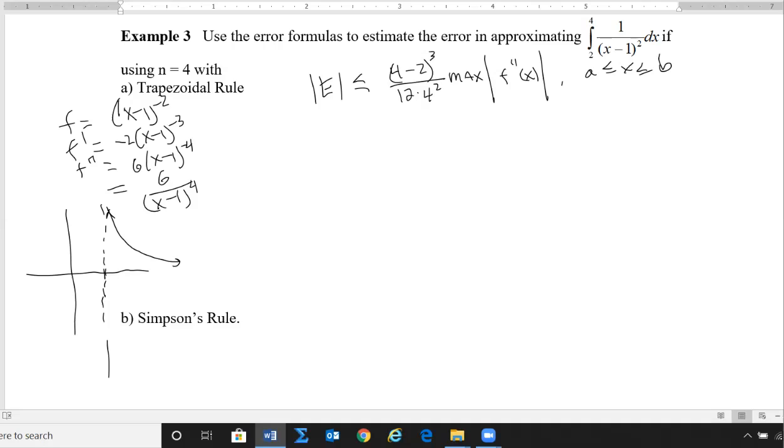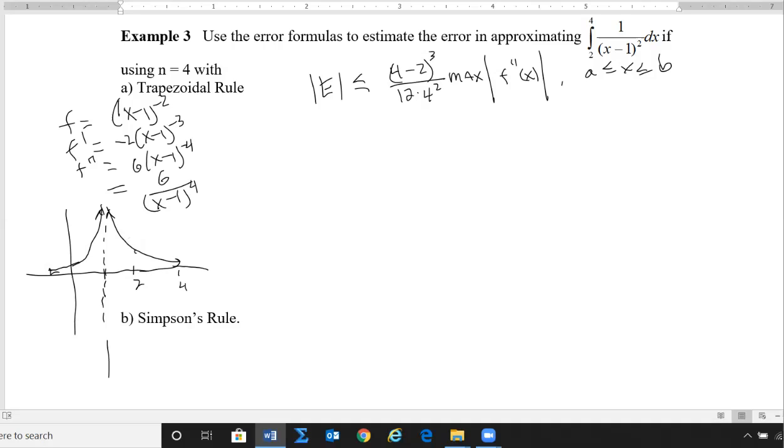And over on this side, it's doing something like this. So the point is, between 2 and 4, which is over here, it's pretty clear that your maximum for this portion of the curve occurs right here at x equals 2.